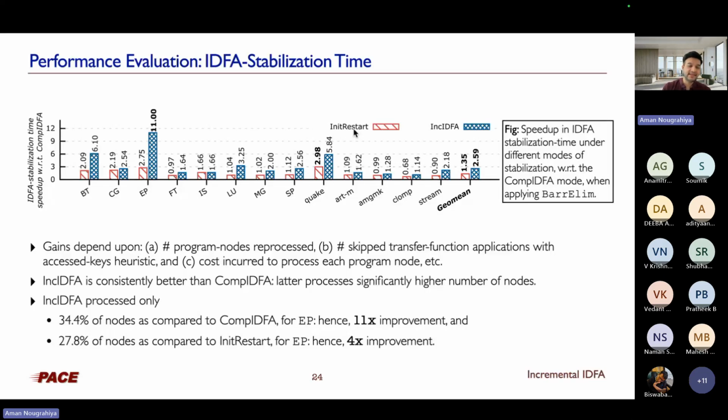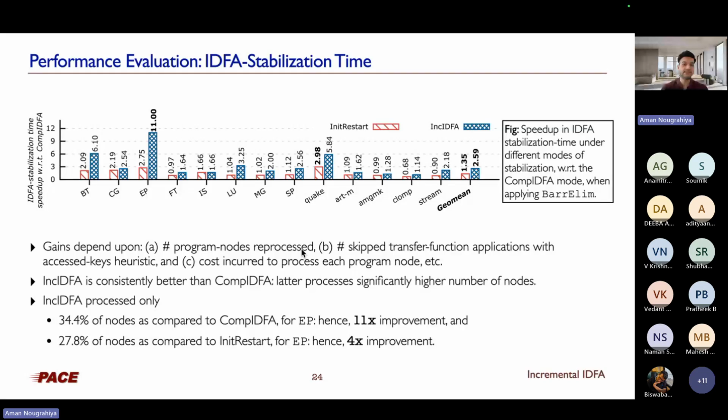The y-axis here is the speed up, and on the x-axis we have different benchmarks. We are showing only a subset of the benchmarks here. The gains in the speed up will depend upon the number of nodes that are actually reprocessed during stabilization as compared to the number of nodes that were processed in complete IDFA or comp IDFA. Then the number of transfer function applications that were skipped because of the accessed keys heuristic.